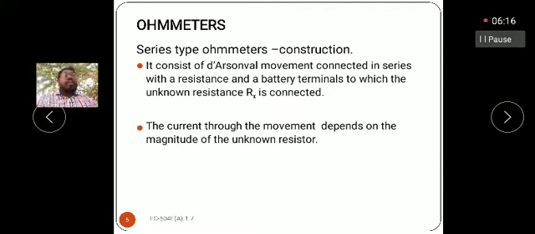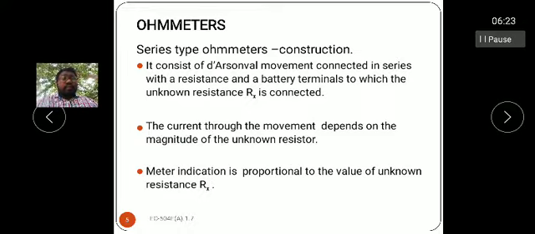That is the main concept of using the deflection meter. The meter indication is proportional to the value of the unknown resistance Rx, so the meter value changes in proportion to the unknown resistance in the circuit.